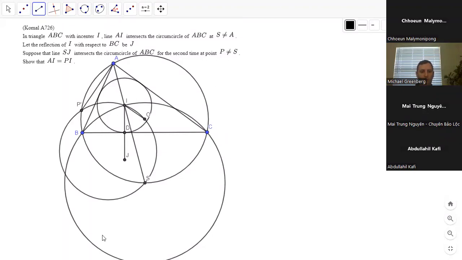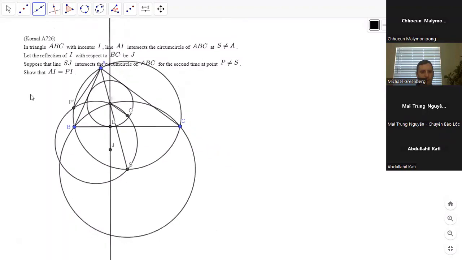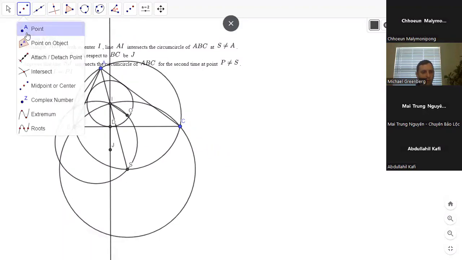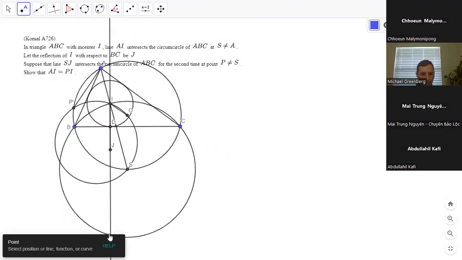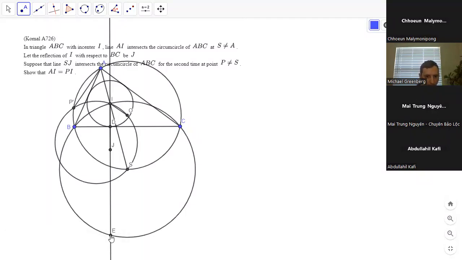The orthocenter, so J is the orthocenter of this triangle, right? J is the orthocenter of this. And I feel like that might be useful.